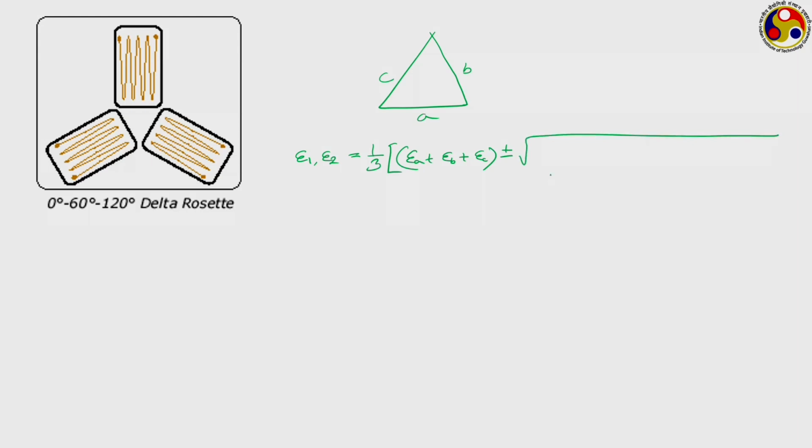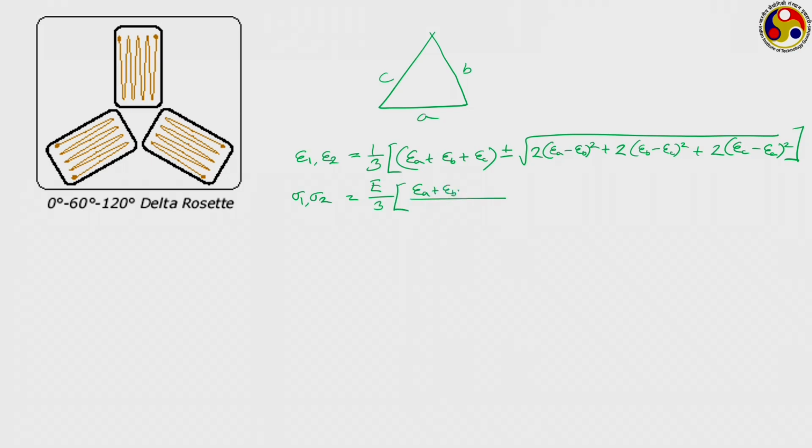So, again we have a root of 2 into epsilon A minus epsilon B whole square, plus 2 into epsilon B minus epsilon C whole square, plus 2 into epsilon C minus epsilon A whole square. This is a quite straightforward formula, we can easily calculate this, and similarly sigma 1 and sigma 2 will be equal to, definitely E by 3 will come in, and the rest remains quite the same.